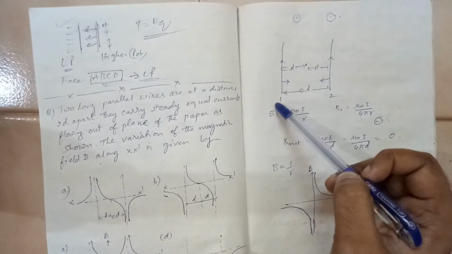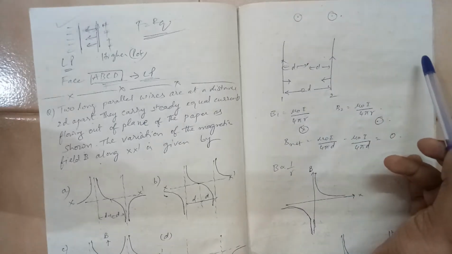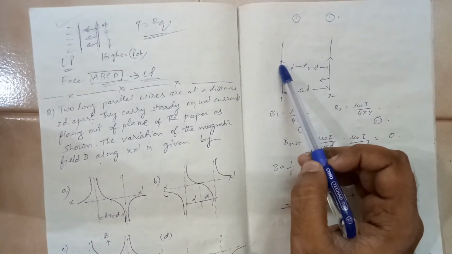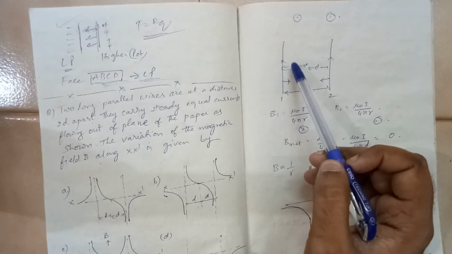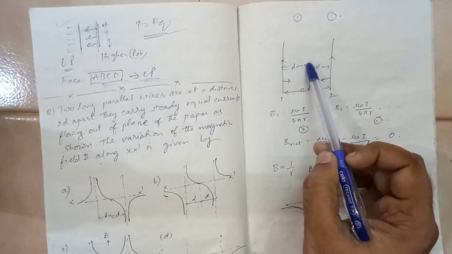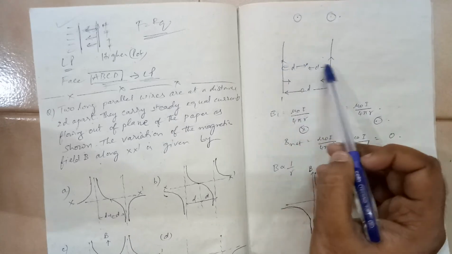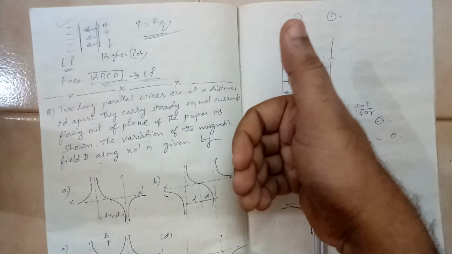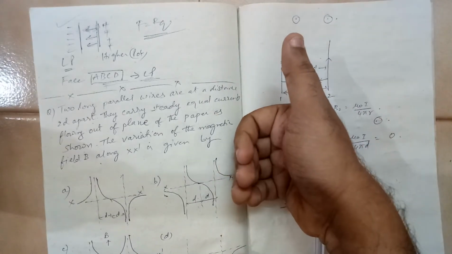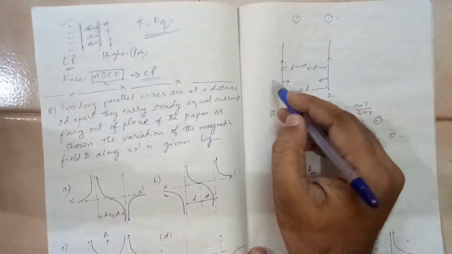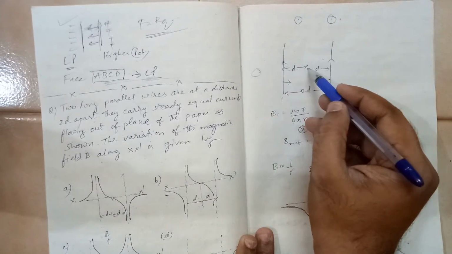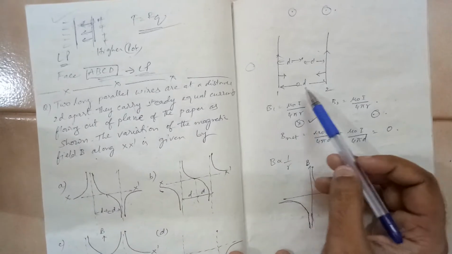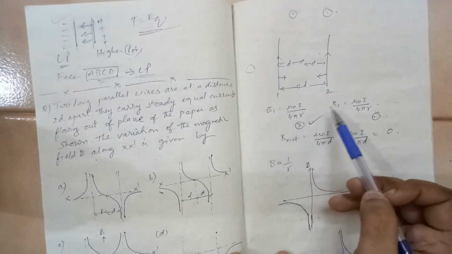Okay, this is wire 1, wire 2, let us say, and for the magnetic field of this wire, if you apply the right hand thumb rule, and take a point in between these two wires, it will be a dot. So for wire 1, here it will be dot and on the right side it will be cross, and the magnetic field is given by mu naught I by 4 pi r.